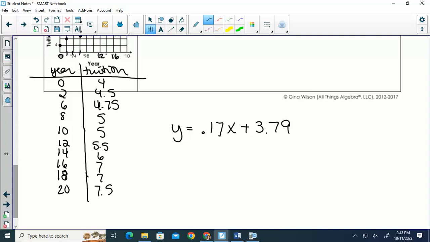So then we have our equation. And then to finish it, it asks us.